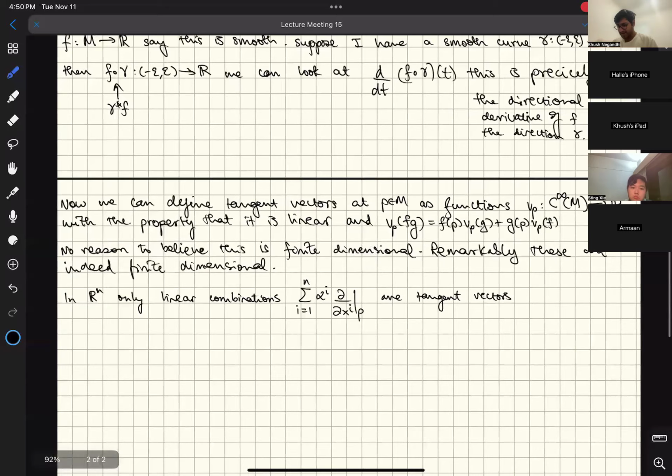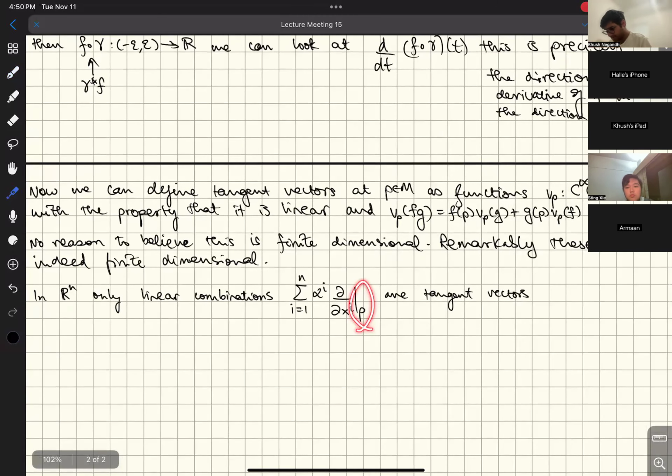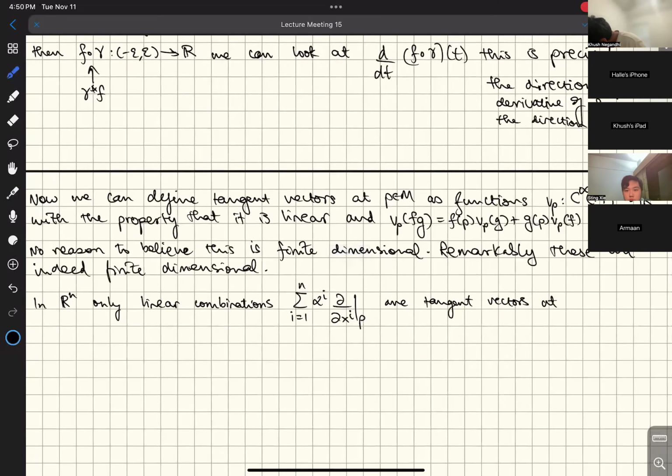It's very important that we look at this evaluation at P, because if you look at the definition very closely, P is explicitly mentioned in the definition.